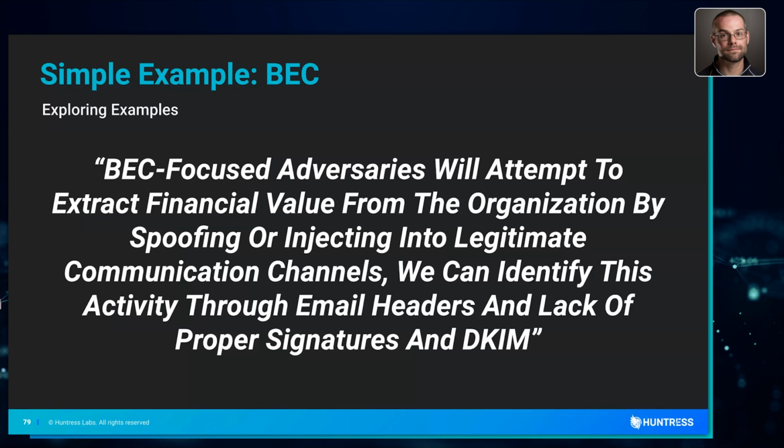We can adopt an example where business email compromise focused adversaries attempt to extract financial value from an organization by spoofing or injecting into legitimate communication channels. We can identify this activity through email headers and a lack of proper signatures and DKIM on emails.